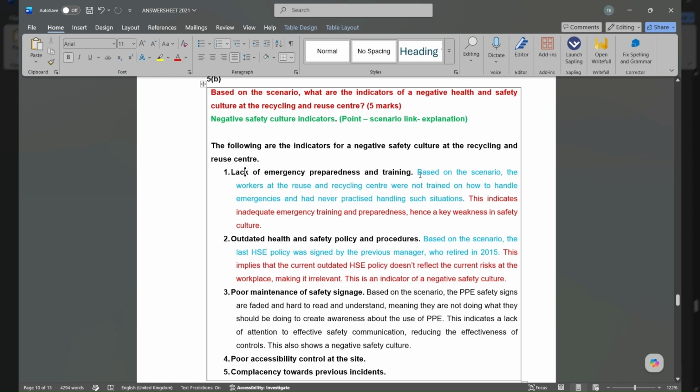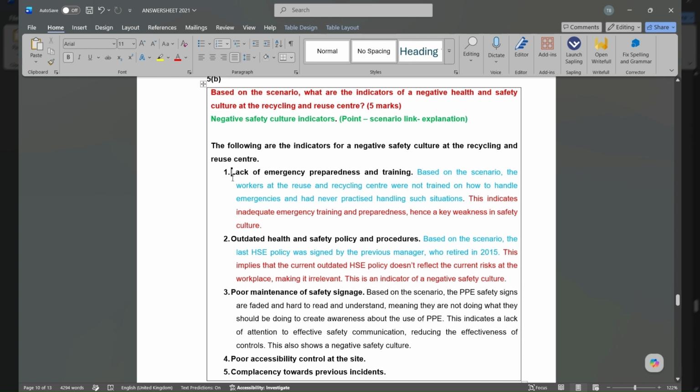Based on the scenario, the workers at the reuse and recycling center were not trained on how to handle emergencies and had never practiced handling such situations. This indicates inadequate emergency training and preparedness, hence a key weakness in safety culture. This is a typical example of a golden answer that gets you a complete 1 mark without the examiner asking himself what he means.